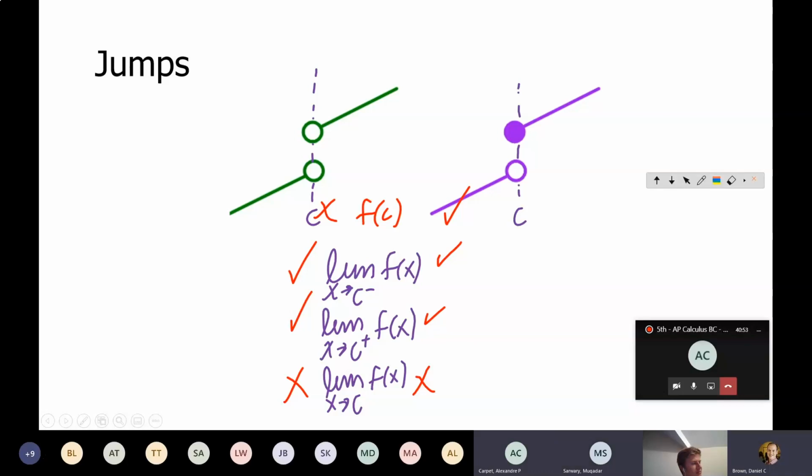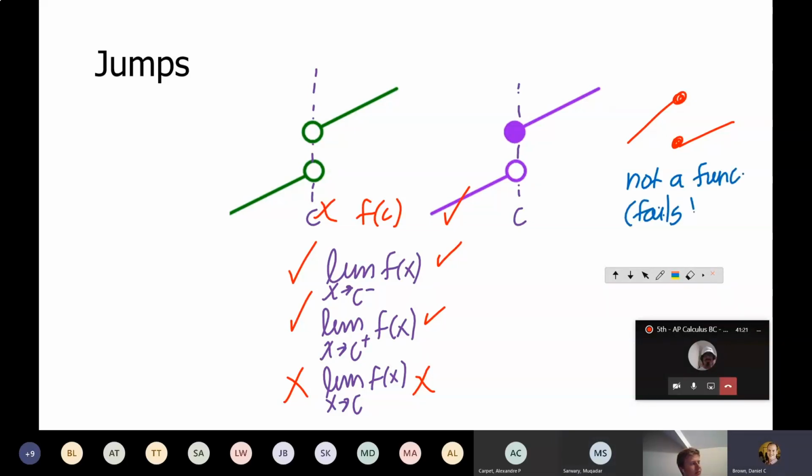Questions there? If there were two closed circles, there would still be a left limit, a right limit, and no limit overall. But technically, with two closed circles, this would not be a function because it fails the vertical line test.